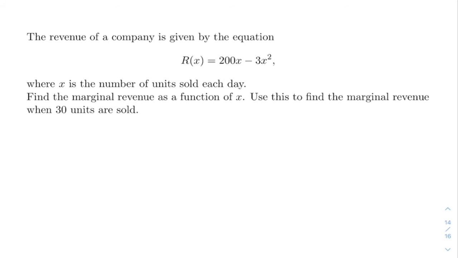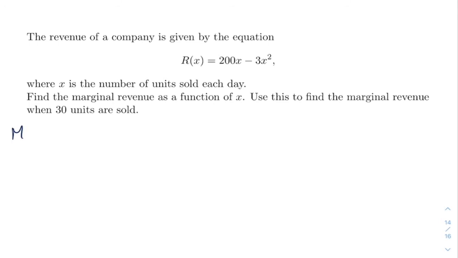So remember, the marginal revenue is the rate of change of the revenue function. So when they ask us to find the marginal revenue as a function of x, they are asking you to find the derivative of the revenue function. So let's try to do that.